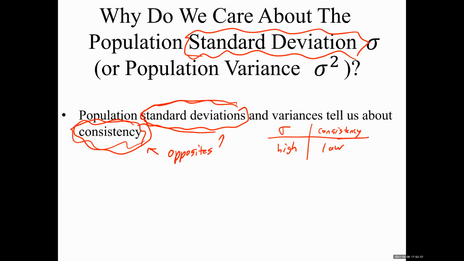Because if the standard deviation is high, the numbers are very spread out. What does consistency mean? It means the numbers are all close together. So big standard deviation numbers are way spread out, so you have a very low consistency. And if you have a low standard deviation, the numbers are all close together, which means you have a high level of consistency. So just so we know, standard deviation and consistency are almost the same thing, but they're actually opposites. When one is big, the other is small. When one is small, the other one's big.